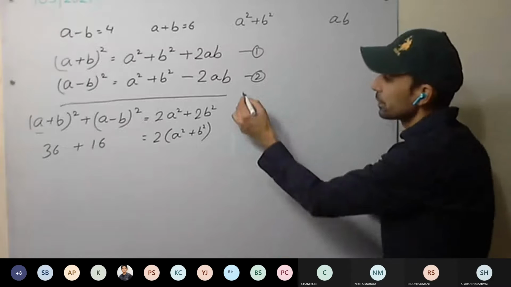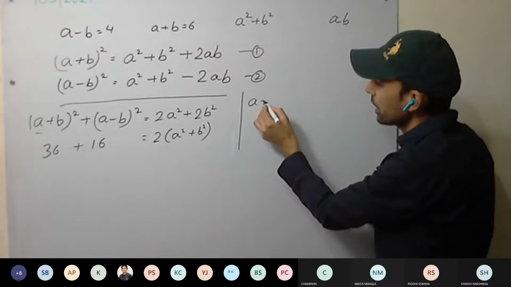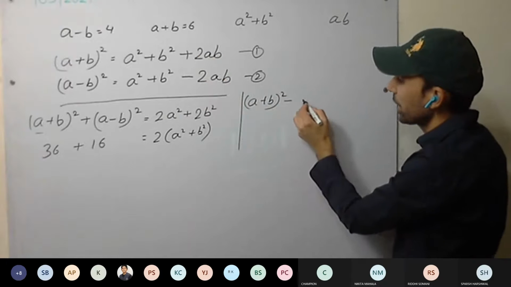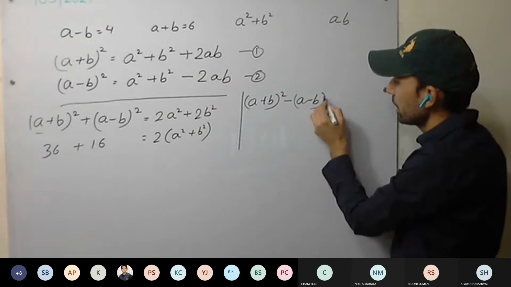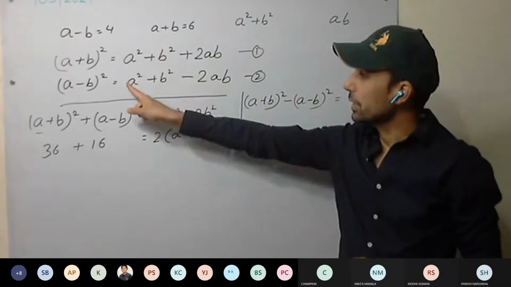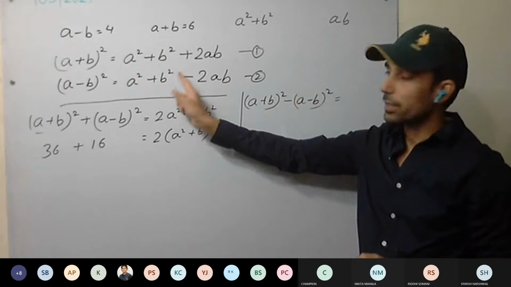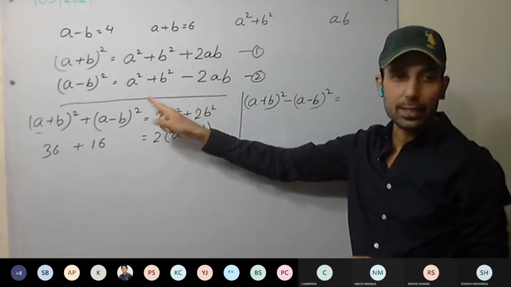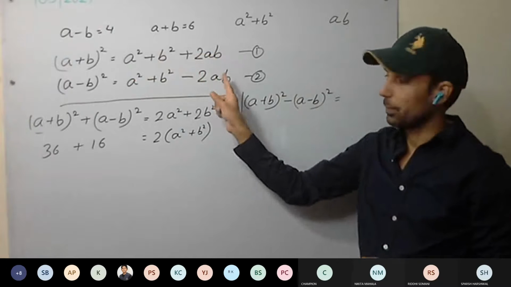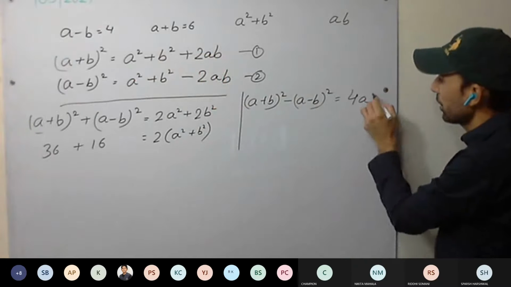Or if we subtract them, the second we are subtracting from the first one: a plus b the whole square minus a minus b the whole square. What are we going to get? A square minus a square 0, b square minus b square 0, plus 2ab minus minus 2ab. So plus 2ab plus 2ab, 4ab.